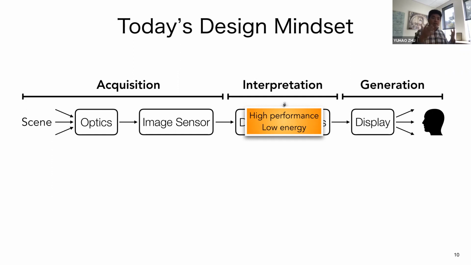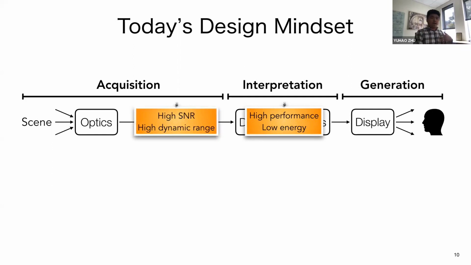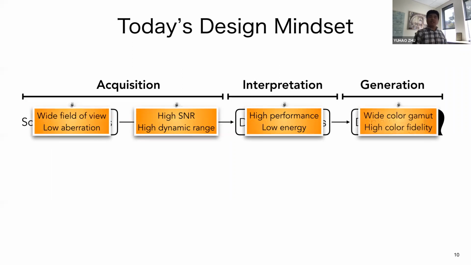They optimize for their own subsystem. So sensor people aim for higher signal-to-noise ratio, higher dynamic range. Optics people try to widen the field of view and reduce optical aberration, and display people try to accommodate more colors, widen the color gamut, and improve the color reproduction accuracy and so on.